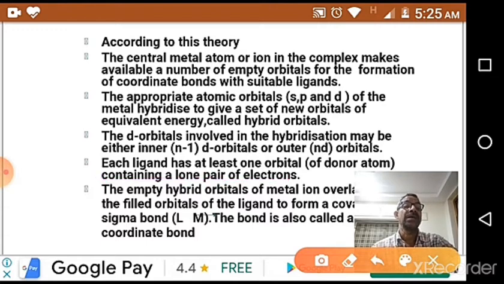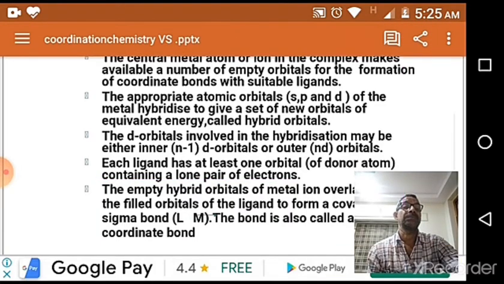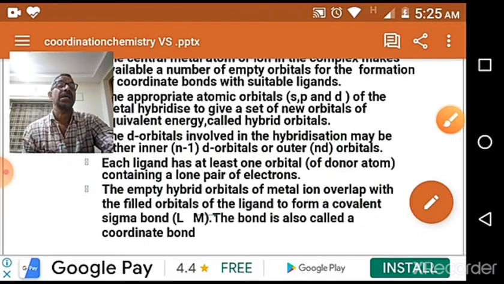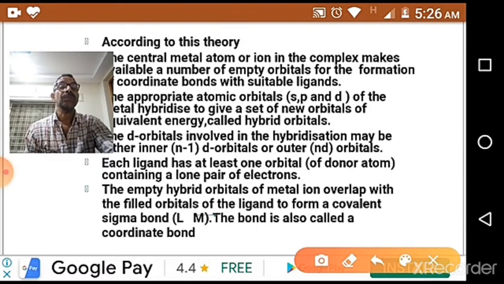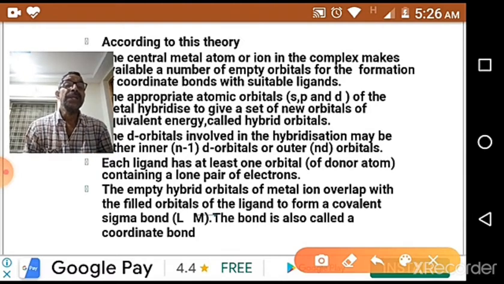Then the next point. The empty orbitals of the metal ion overlap with the filled orbitals of the ligand to form a covalent sigma bond, that is a ligand to metal bond, L to M. The bond is also called a coordinate bond.